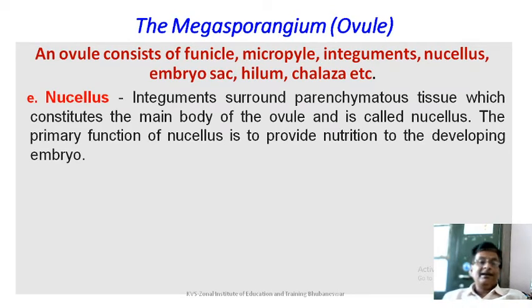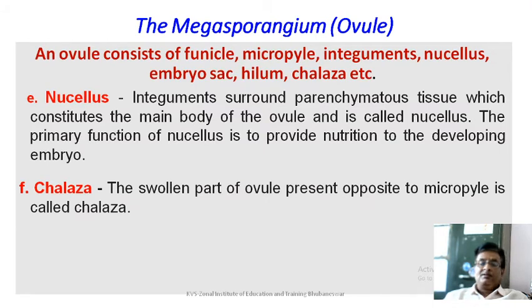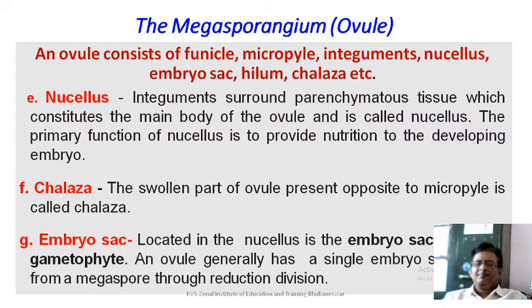So the next term associated with ovule is nucellus. You know that the integument covers the parenchymatous tissue that constitutes the main body of the ovule. You call it the nucellus. The primary function of nucellus is to provide nutrition to the developing embryo. Chalaza end. Wherever the micropyle is there, the pole opposite to it is called the chalaza end.